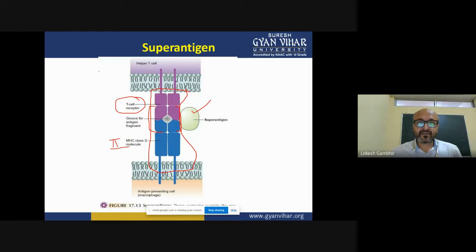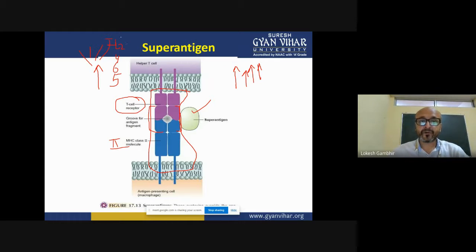Initially, this T cell was supposed to get activated and give you the immune response, secreting the cytokines IL-2, 4, 6, 5. Fine. But as soon as the super antigen binds, this T cell becomes hyperactivated. It is feeling a sense of emergency, a sense of rapid functioning.